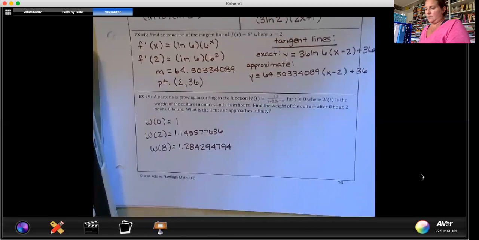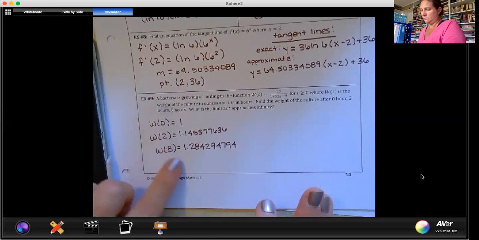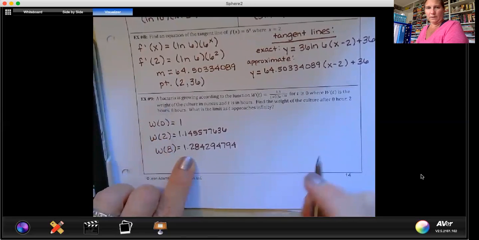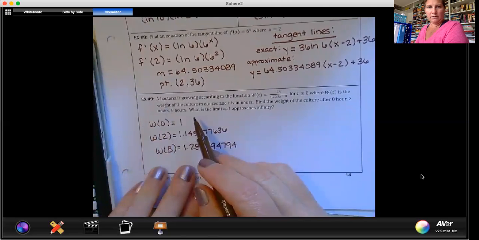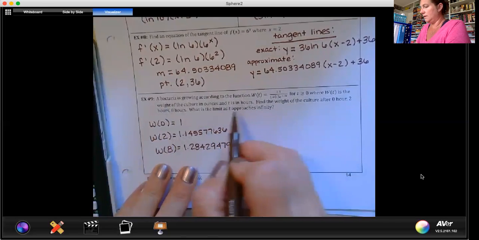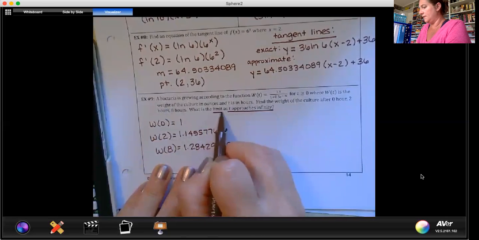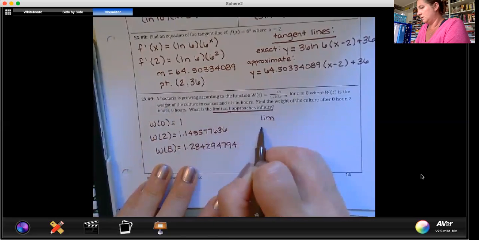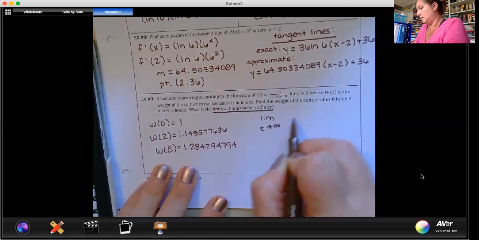So as you can see, those numbers are getting closer to, because 8 is going to be kind of our biggest hour here. I mean, we could go ahead and do 9 and 10 because we're looking for the limit as t approaches infinity of the function.